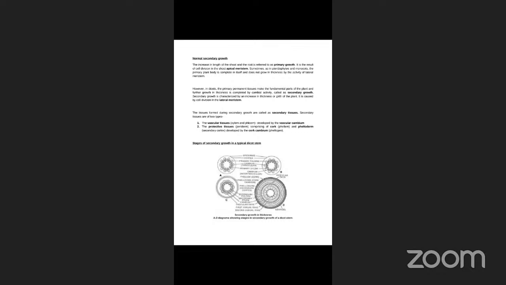Anomalous secondary growth is generally of two types. First, vascular tissue or formation of cambium. Second, protective tissue.